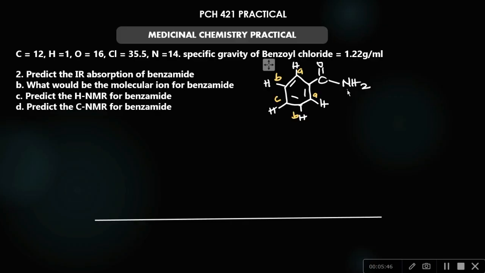And then lastly, the NH proton is also in one chemical environment. The NH, we can indicate it with D. So these are the various protons for benzamide that we have. Now, what do you think the spectrum will be like for benzamide?